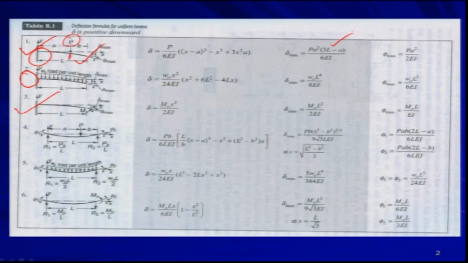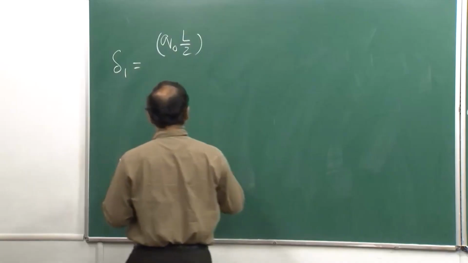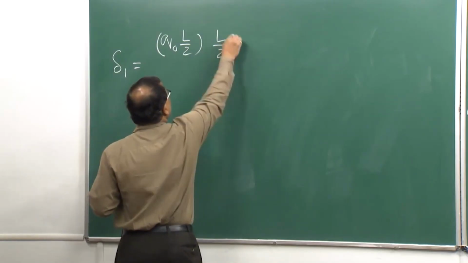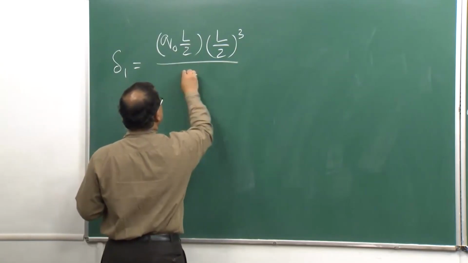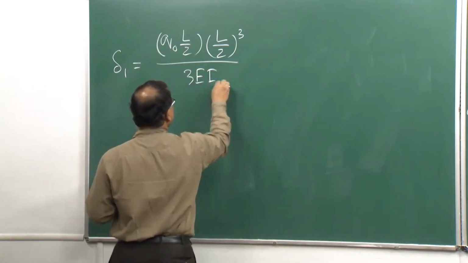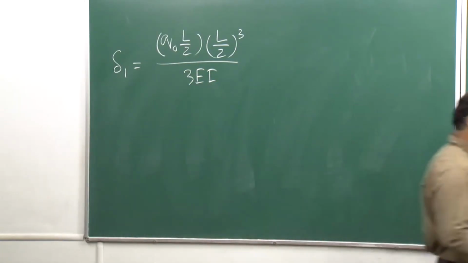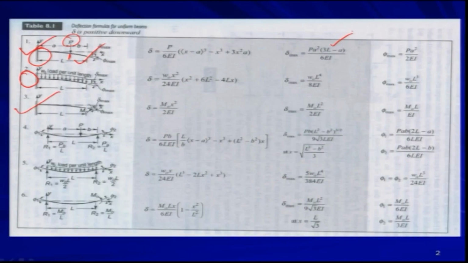There, if you put L by 2 whole cube divided by 3 EI, that is the cantilever problem considering A equal to L by 2.